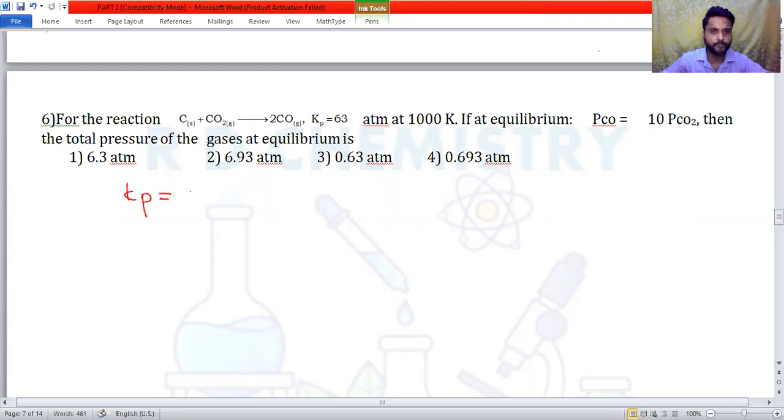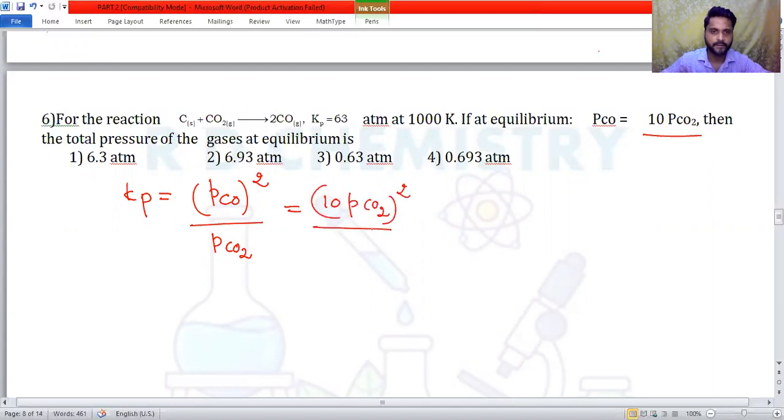Kp is equal to partial pressure of the carbon monoxide, number of moles are 2, square it, divided by partial pressure of the carbon dioxide to the power 1. Carbon we cannot take, it is a solid. Partial pressure of the carbon monoxide is given, it is 10 times that of the carbon dioxide. So 10 times partial pressure of the carbon dioxide, then square it, divided by partial pressure of the carbon dioxide.